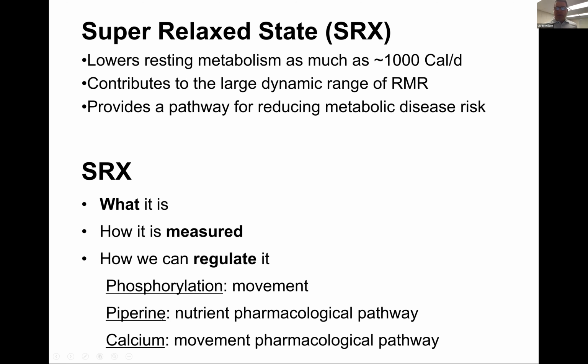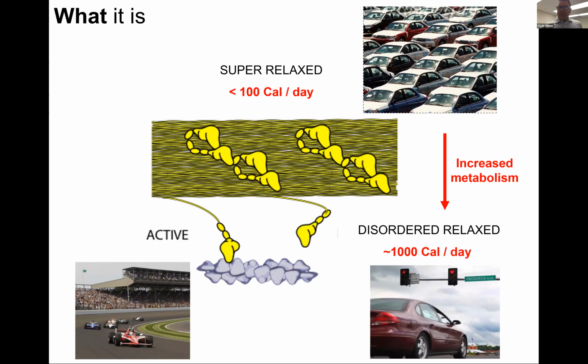Piperine, which is the active compound in black pepper, destabilizes the lower metabolic rate of myosin, thereby doing the same thing to the same extent, as well as calcium, which destabilizes the superrelaxed state, increasing the metabolic rate in skeletal muscle as well.